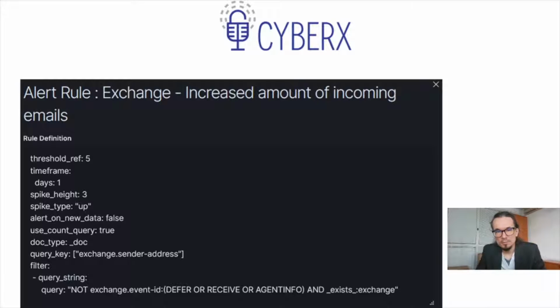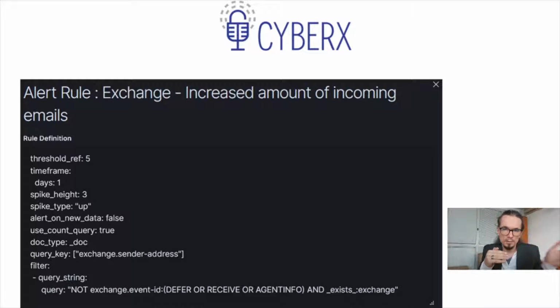Here we have a use case for Exchange, increased amount of incoming emails. This one is a little bit more complicated, but not very complicated. Basically, what is happening here is that we are searching for a string. We are creating the initial condition.